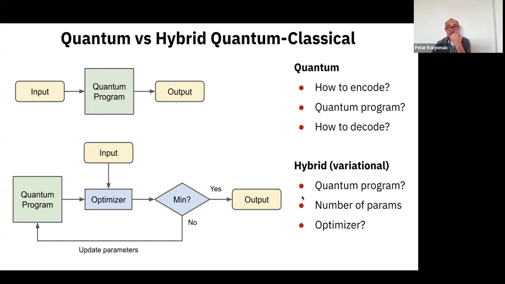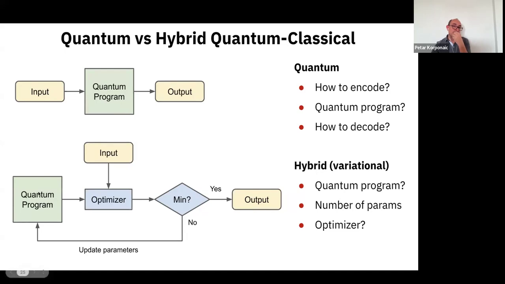It's much easier to actually make the quantum program itself, because in this case the quantum program is not processing our data. In the purely quantum case, we need to make a smart quantum program which will process our data.